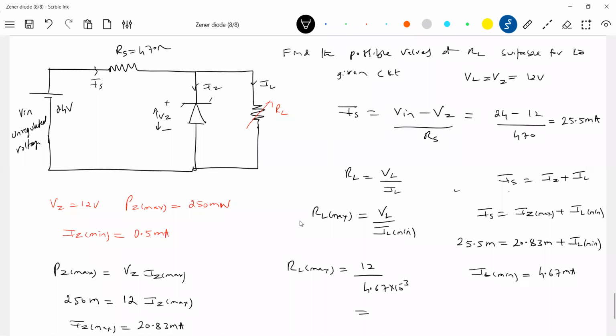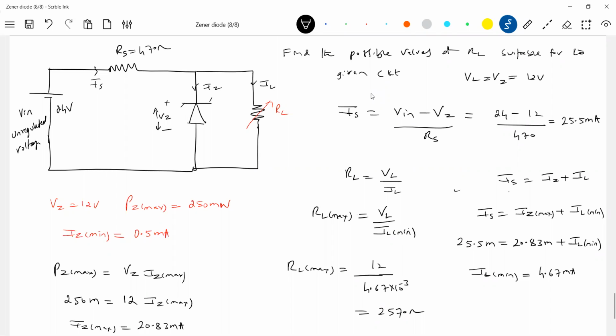It means what type of load I can connect. So are you getting now why I'm bringing all this? Any particular load you cannot just connect here. So what are the possible loads you can connect for this circuit is what I'm trying to explain here. That's the meaning here. Okay, now anybody value? The end answer will really give the exact picture. Let me get RL max: 2570, 2570.